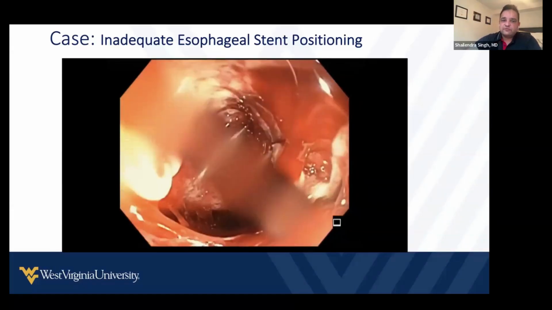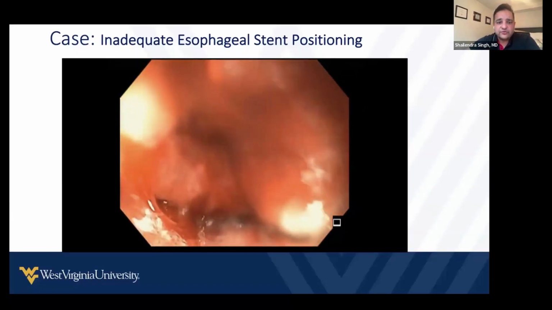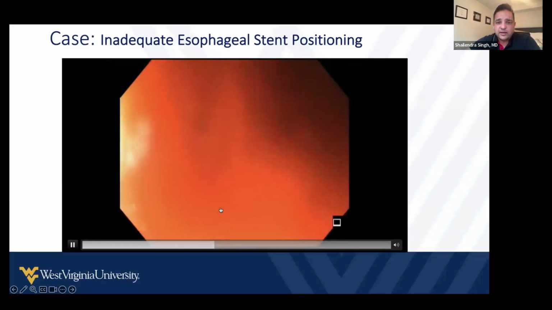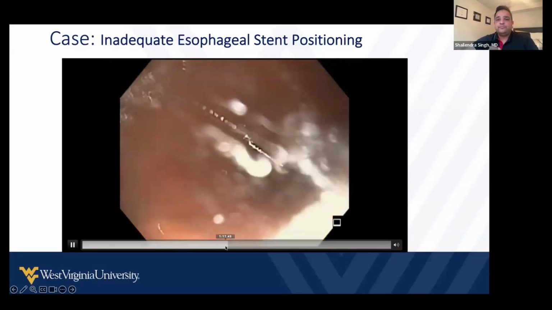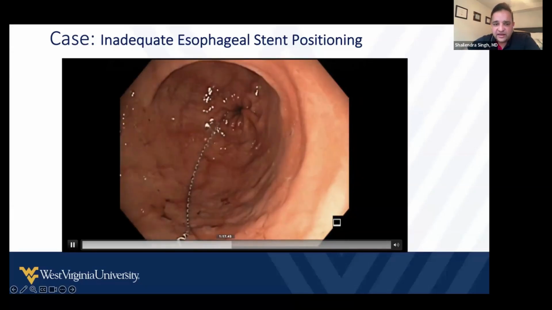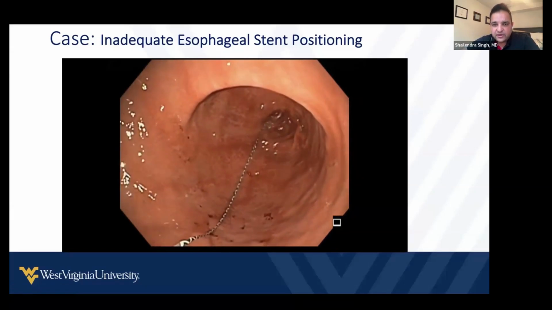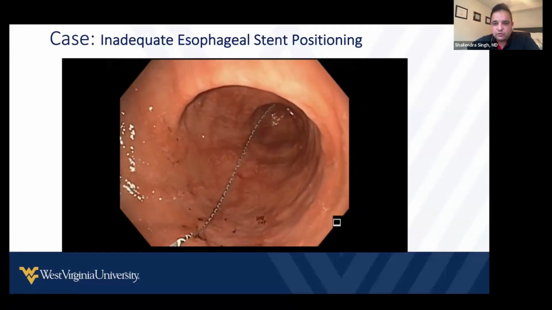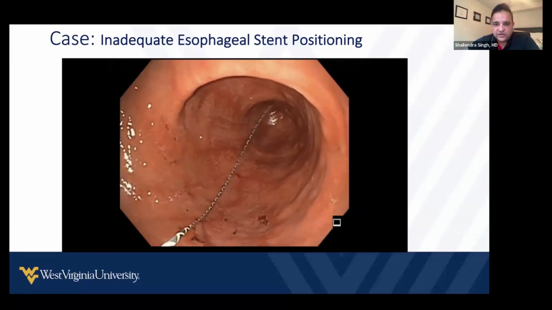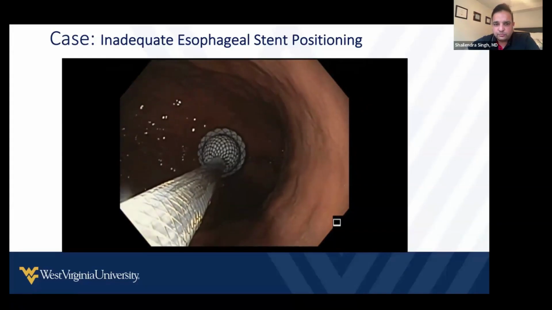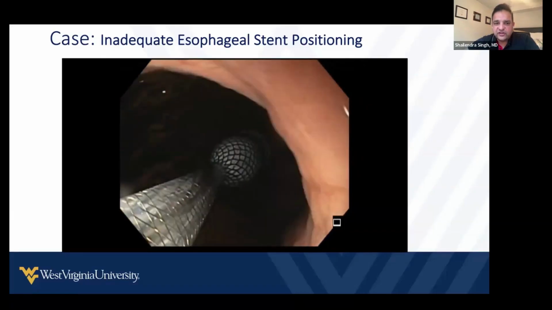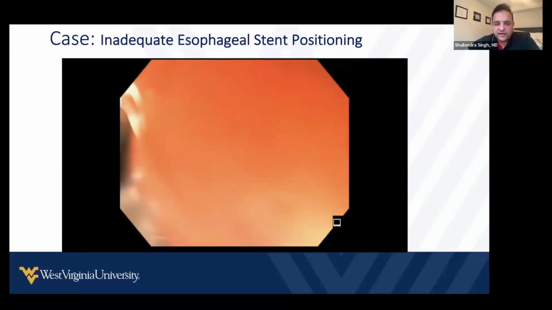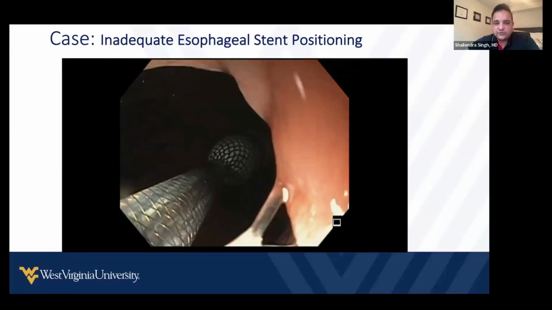So here after some struggle, we were able to get into the stomach, and then in the stomach again I placed a guide wire, and over this guide wire we advanced a through the scope stent, and again I'm exchanging, pushing my stent in while pulling my scope back.